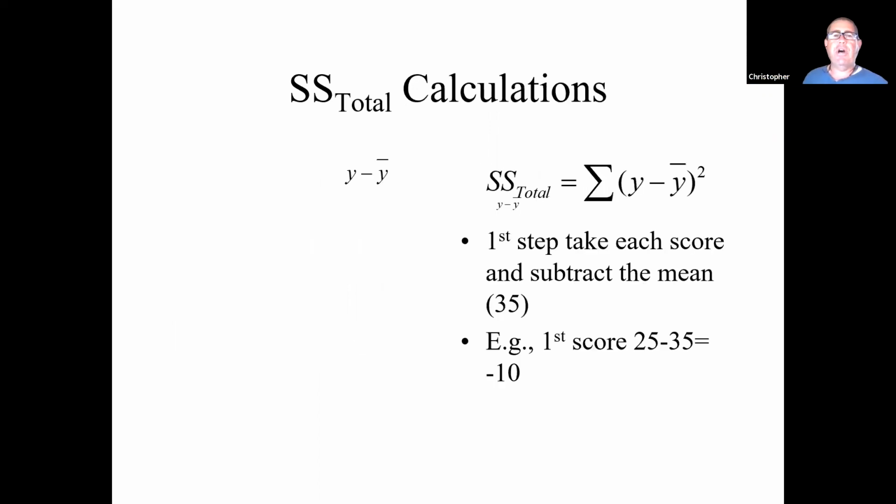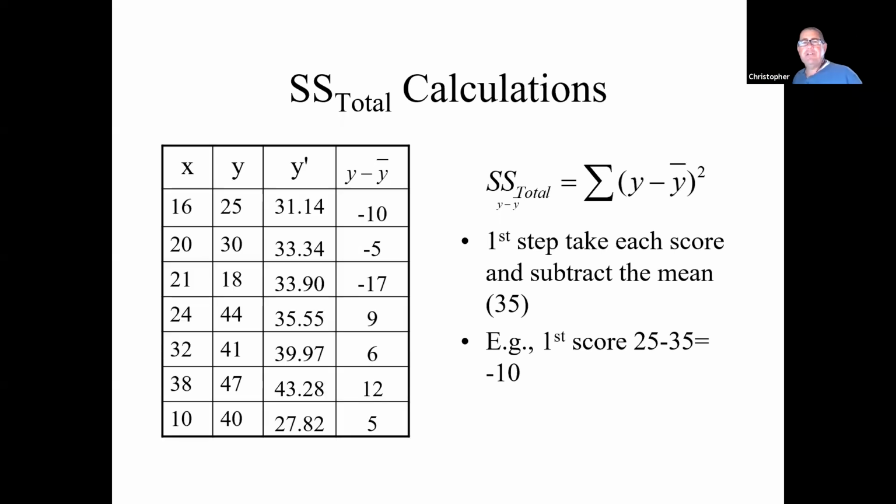All right, sums of squares total. Sums of squares total is the sum of Y minus Y bar squared. So that looks just like what the numerator for the standard deviation was, except we're focused on the Y scores rather than the X's here. The first step is to take each score and subtract the mean from it. So I've taken each score and subtracted the mean.